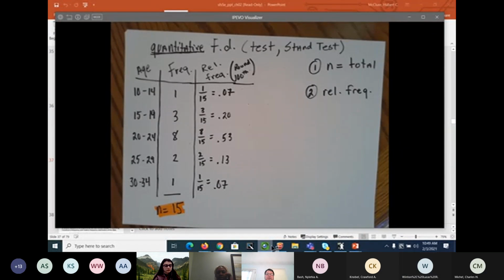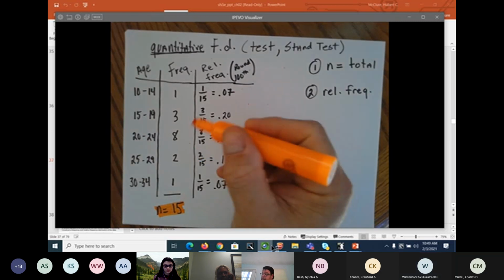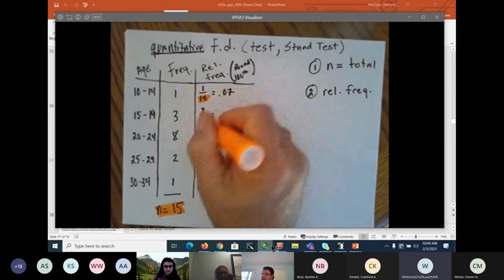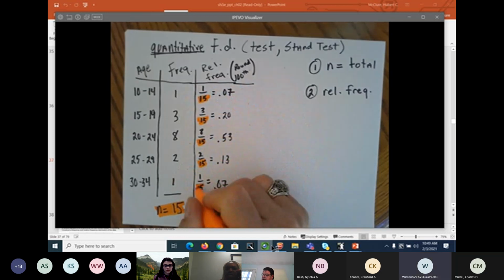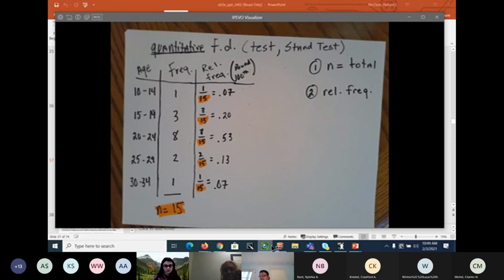Now, you don't have to write down the 1 over 15 and 3 over 15. You do that however you want to, but the answers that you punch in should be 0.07, 0.2, and so on. I'm going to take my handy-dandy highlighter and highlight that 15 on each one of these, to bring home the point that you divide by the total. And read the directions to make sure you round correctly.